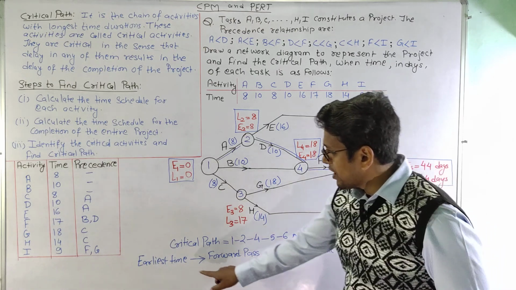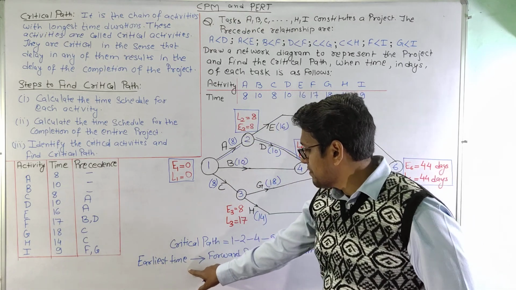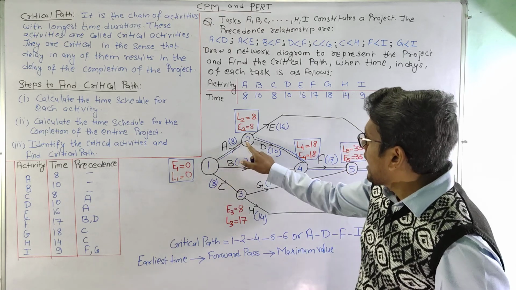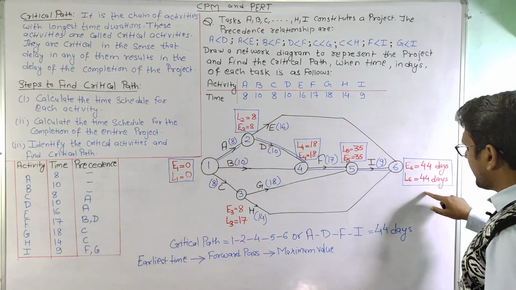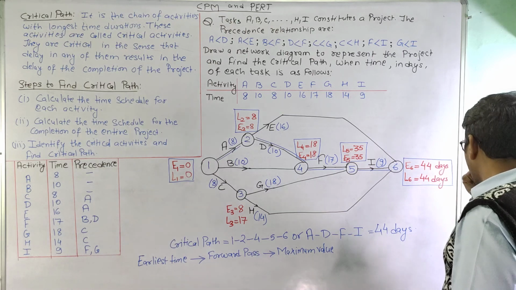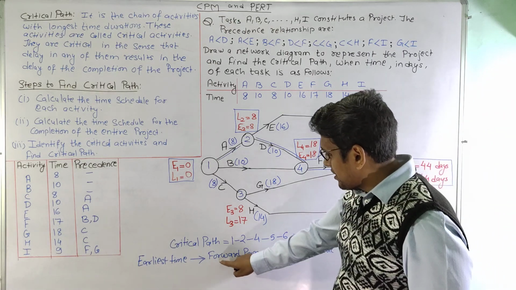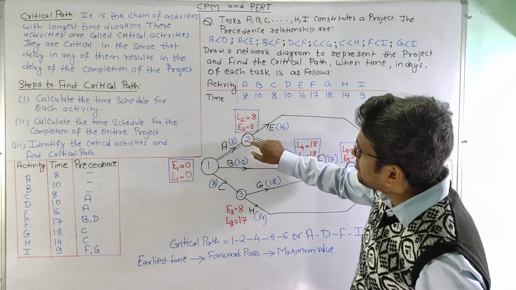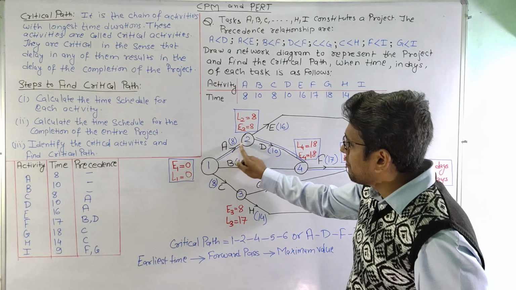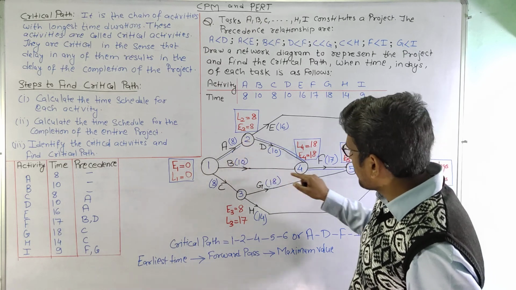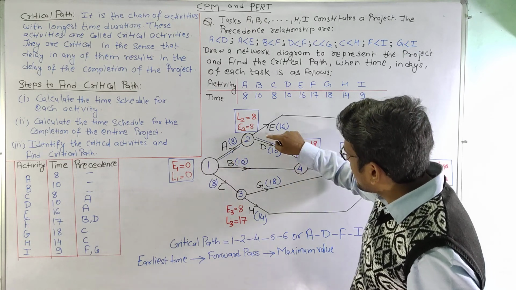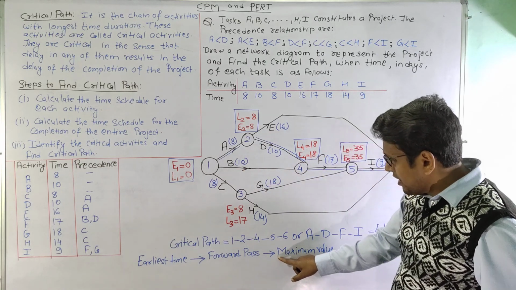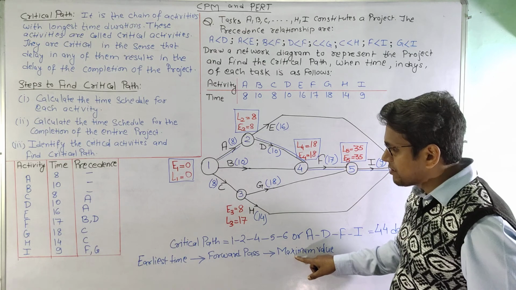For calculating the earliest times, we start from the starting node, and as we progress we will finally reach the terminal node. That means if at any particular node there are two arrows coming, among these two arrows we will select the value which is maximum.